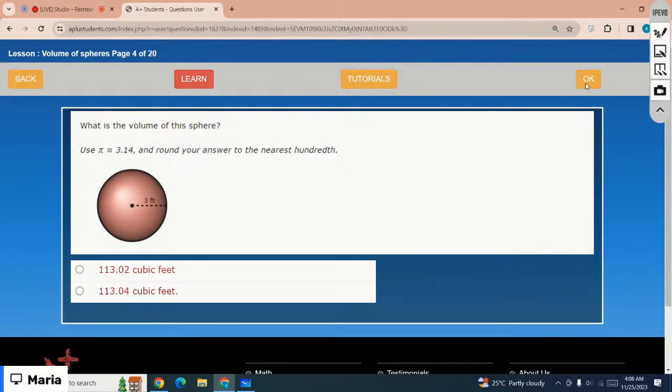So let's just do the calculations. Use the formula, that is V equals 4 by 3 pi r cube. The radius given is 3. So let me just do the calculations.